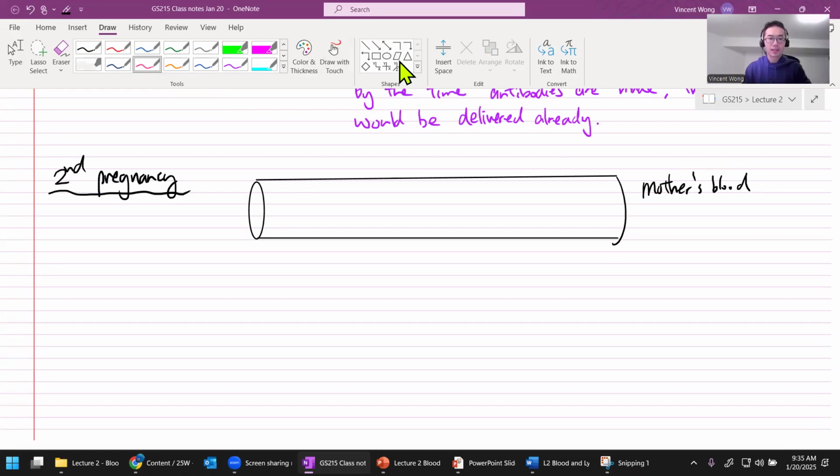And she's negative, right? There are the cells. And how is it going to be different this time compared to before? What will be in her blood that wasn't there the first time?